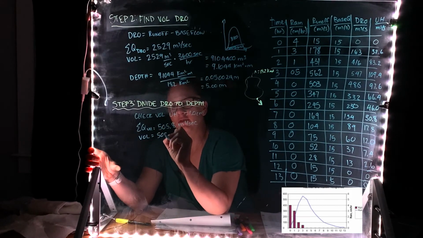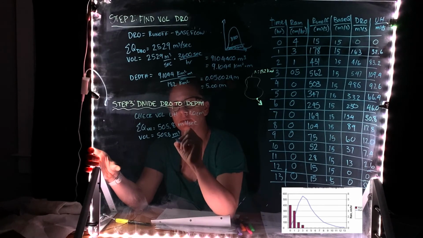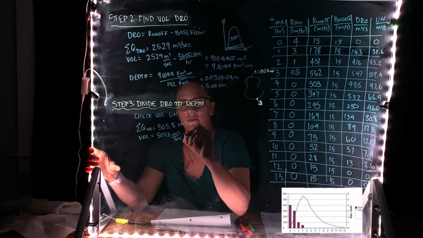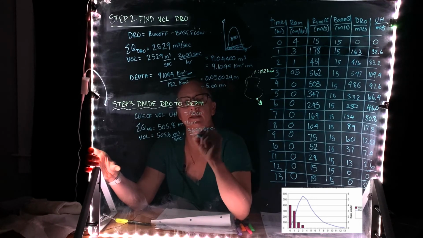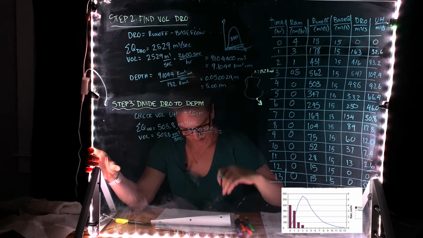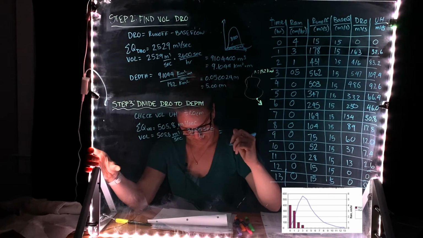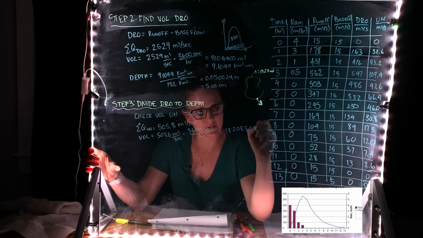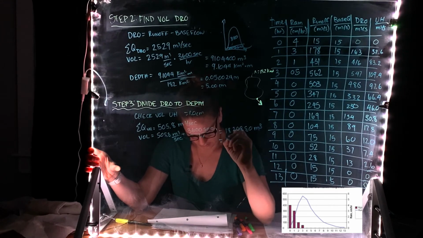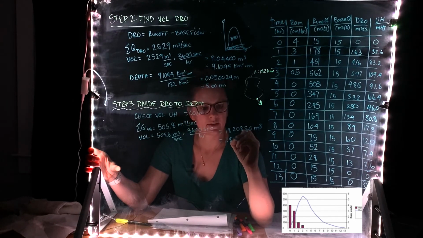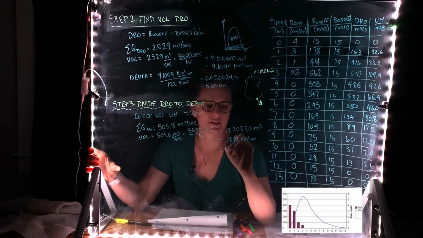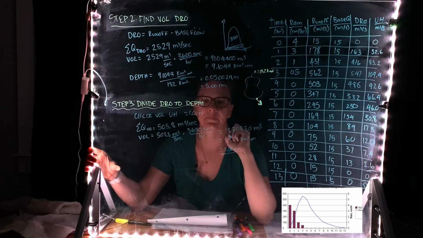I'm going to do 505.8 cubic meters per second multiplied by our time and get 1,820,880 meters cubed, which is 1.821 kilometers squared per meter, which is, do the math, 1 centimeter.